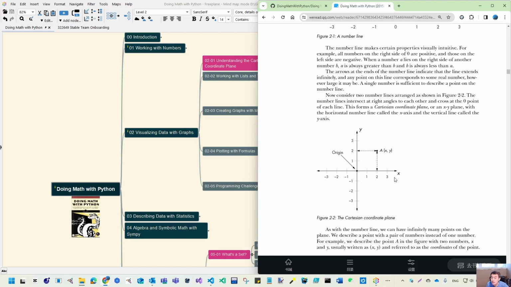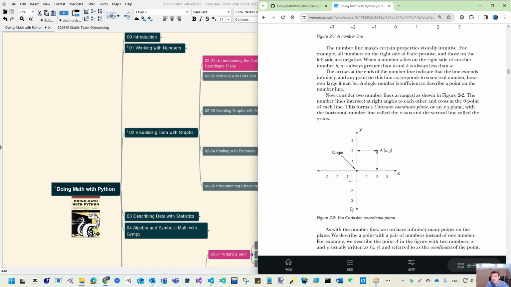This kind of geometry shape we call the Cartesian Coordinate Plane, or a two-dimension plane, or the XY plane. The horizontal line we normally call the x-axis, and the vertical line is called the y-axis.